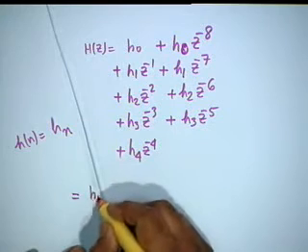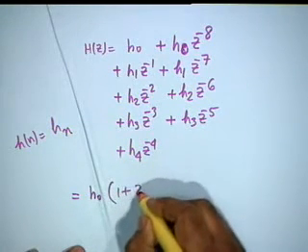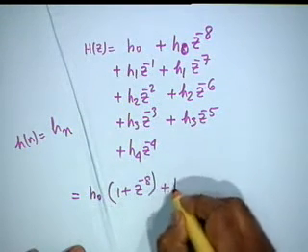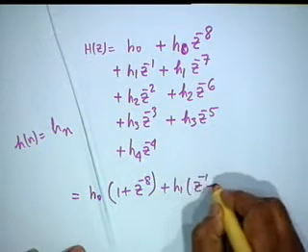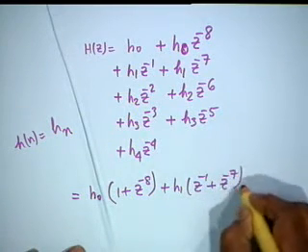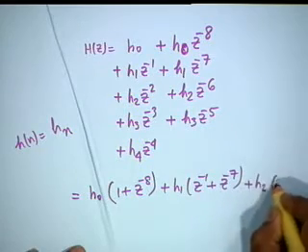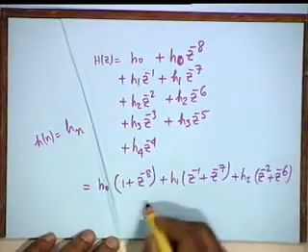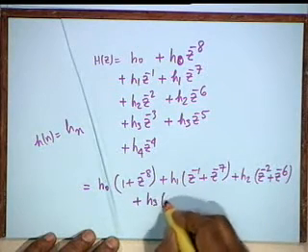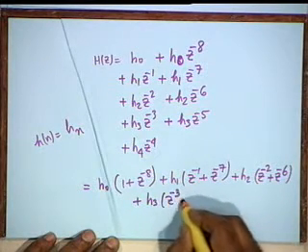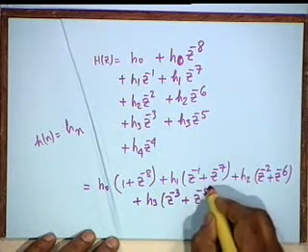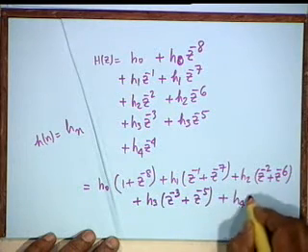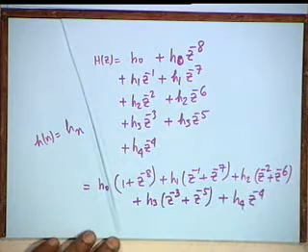The first term would be h0 times (1 plus z to the minus 8), plus h1 times (z inverse plus z to the minus 7), plus h2 times (z to the minus 2 plus z to the minus 6), plus h3 times (z to the minus 3 plus z to the minus 5), plus h4 z to the minus 4.